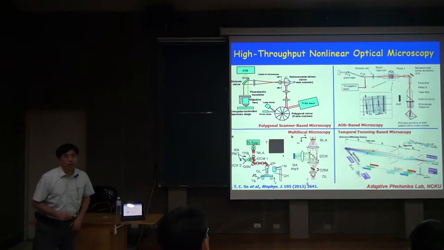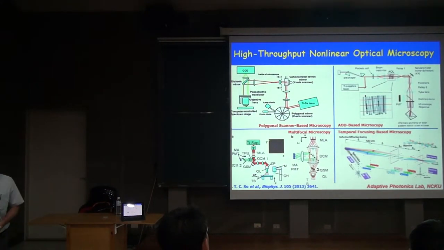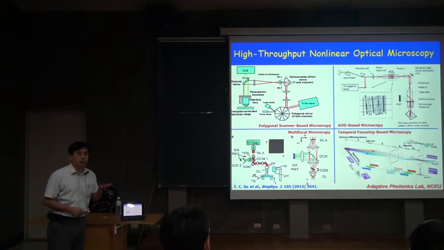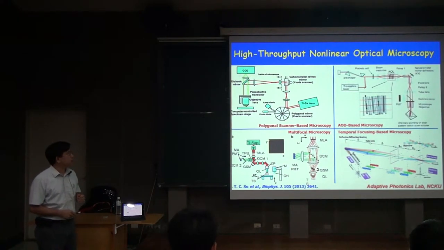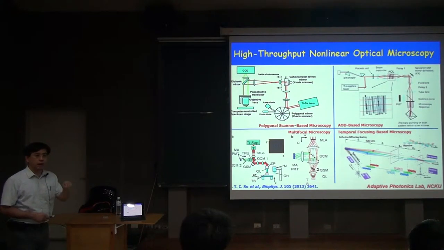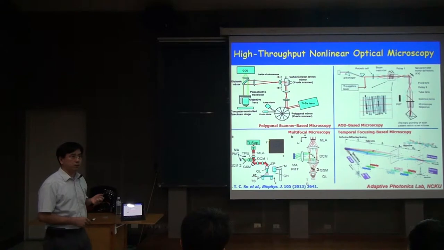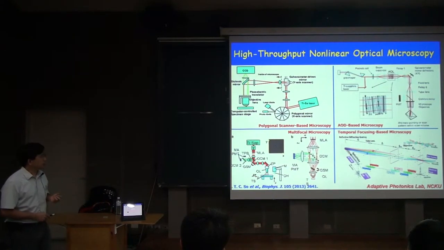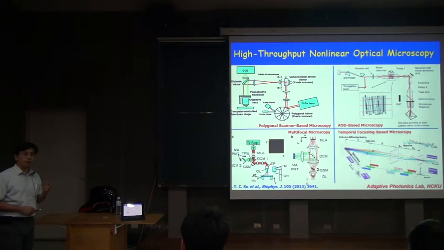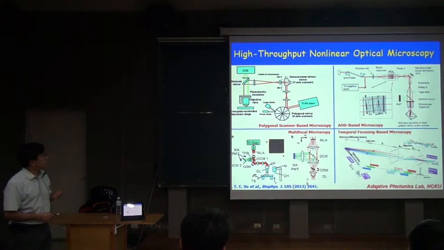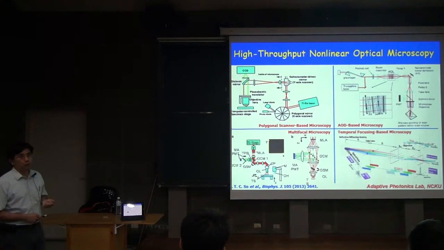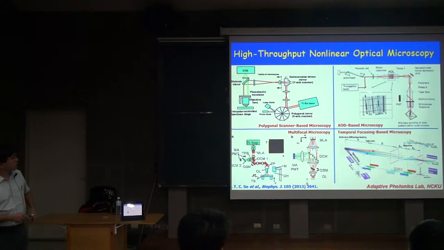Two-photon or multiphoton microscopy has been around for more than about 25 years, but it's a point-by-point scan. As I just mentioned, the frame rate is just a few frames per second, so it's maybe not good for live animals. So how do we increase the throughput?